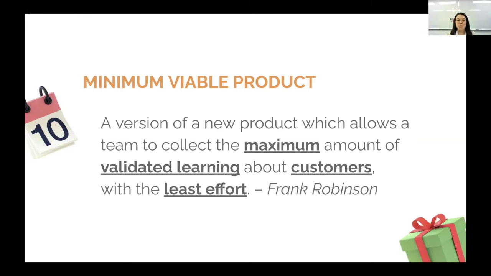I believe many of you, when working on your own service or product, have some assumptions or hypotheses. An MVP helps you validate them. And "about customers" means that when you run experiments, you should focus on your customers' reaction instead of only focusing on the product. And finally, with the least effort.